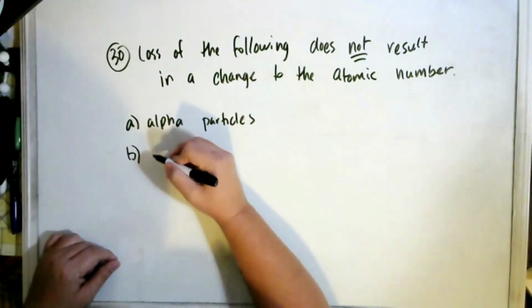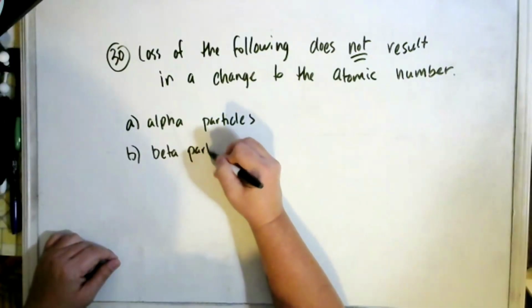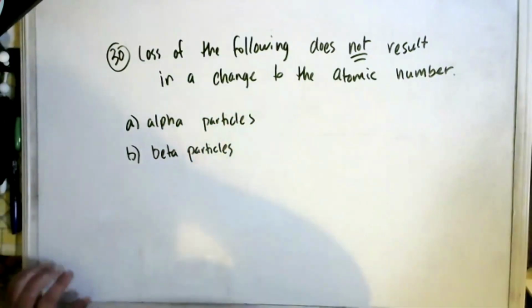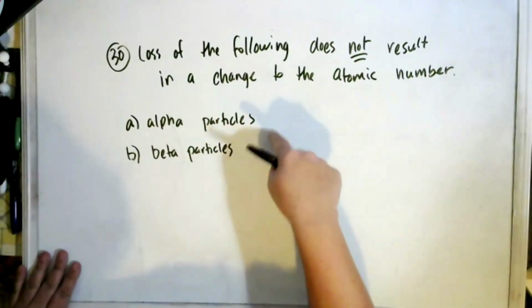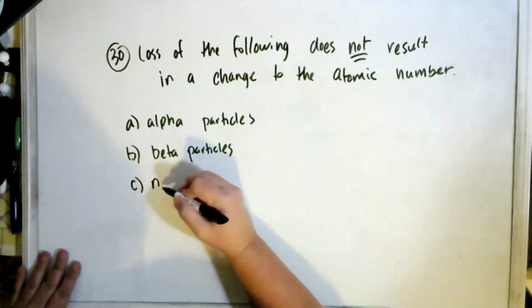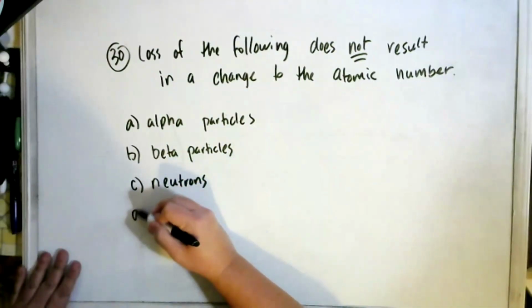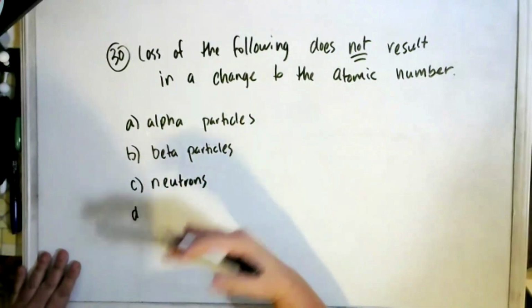In that symbol, you have the superscript and the subscript. That subscript represents your number of protons, your atomic number.